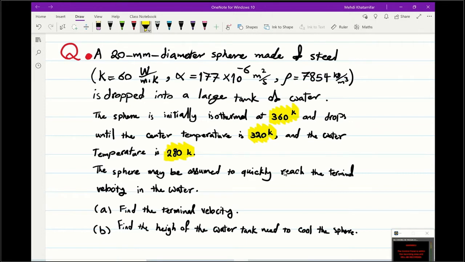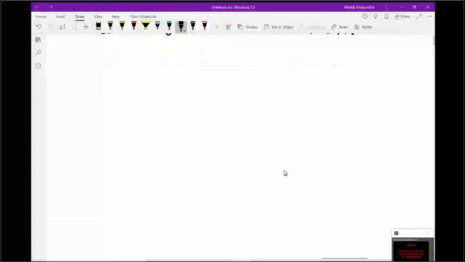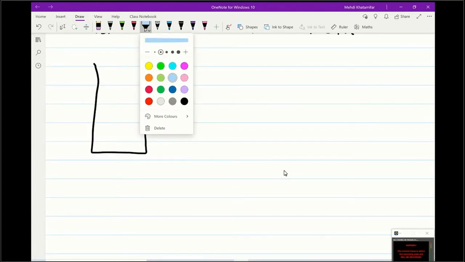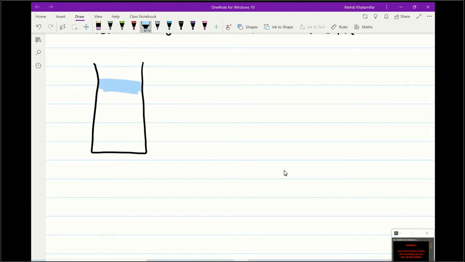Okay, so let's start with drawing a schematic figure to know what type of geometry we are dealing with. So we have a tank like this, and this is water inside this tank. I'm coloring it blue.